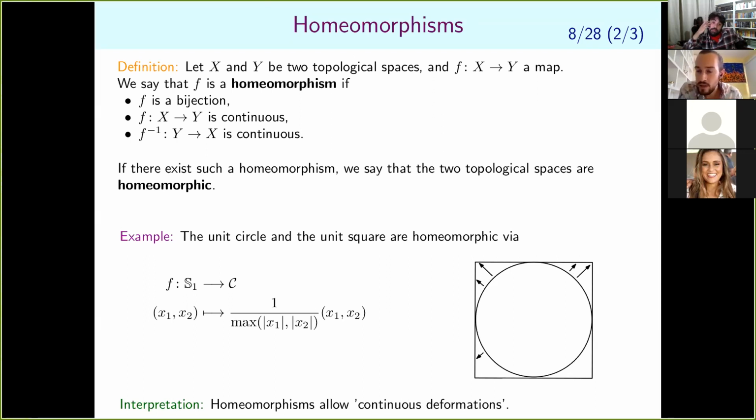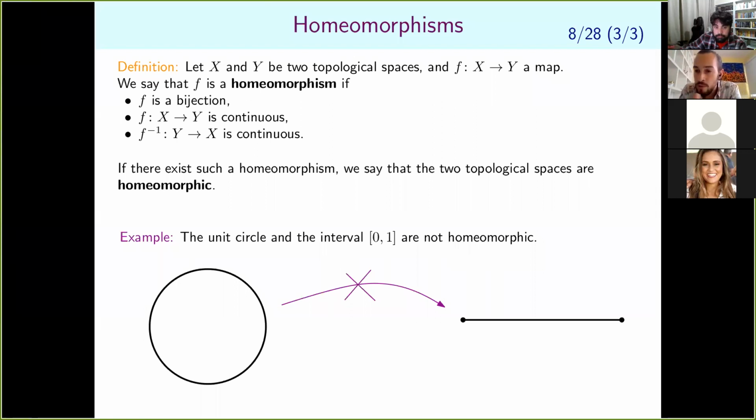And the main interpretation of that is that being homeomorphic means we can obtain the first set from the other by continuous deformation, right? I can deform the square to obtain a circle.